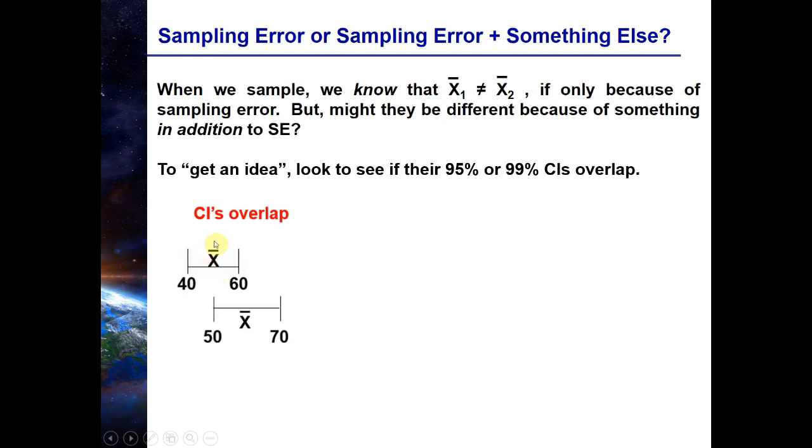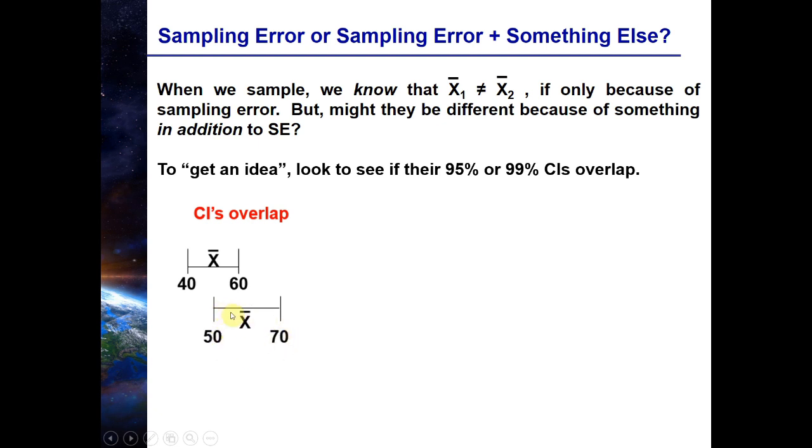Let's pretend this is the 95% confidence interval, but maybe it's the 99. In this particular example, it doesn't matter. If it's 95, we're saying, look, 95 times out of 100, we've drawn this correctly, and mu is somewhere here. Now let's say that this is the mean for the bright screen. We draw a confidence interval around it, and let's say the upper and lower limits are 50 to 70.